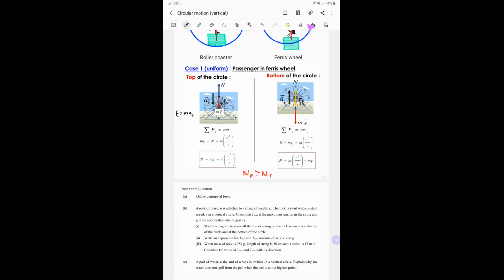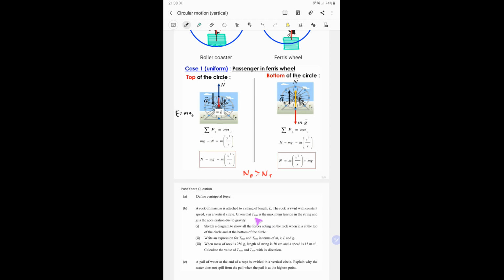Let's say the question is like this. This is one of the past year's questions. I'm not so sure which year it is. First, they ask you to define what is centripetal force. Second, a rock of mass m is attached to a string of length L. The rock is swirled with constant speed v in a vertical circle.